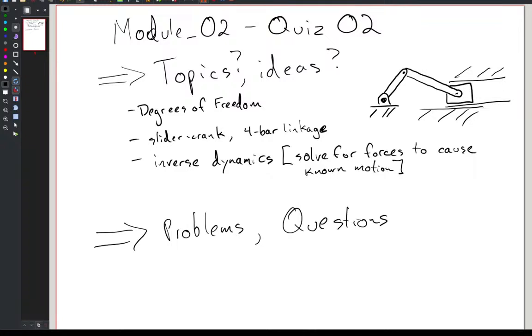So then you're doing an inverse dynamics problem: I know the body did this, and I know this is how it moved, so what were the forces in each of the muscles to create that motion? It's good inverse dynamics problem solving. What else? Did I catch everything already?